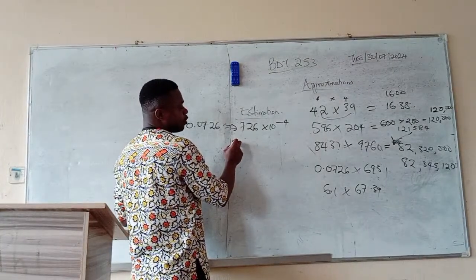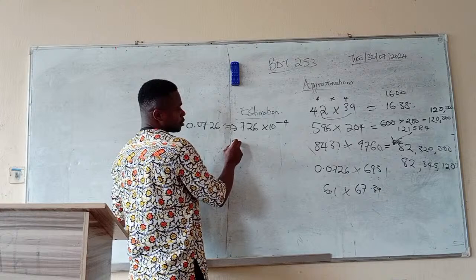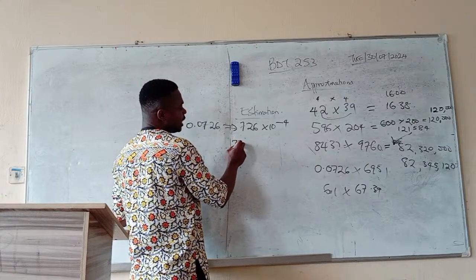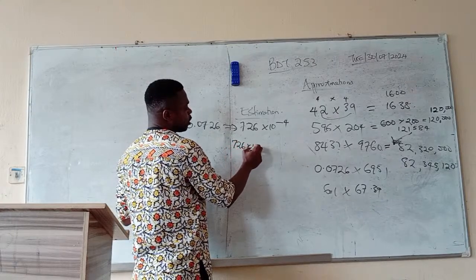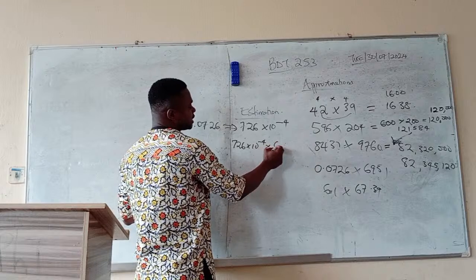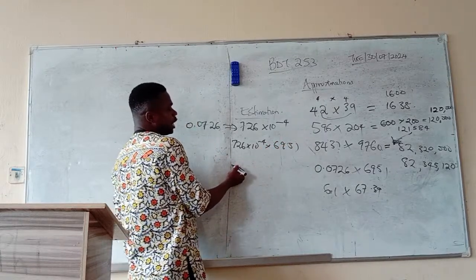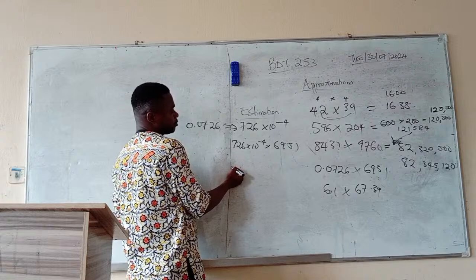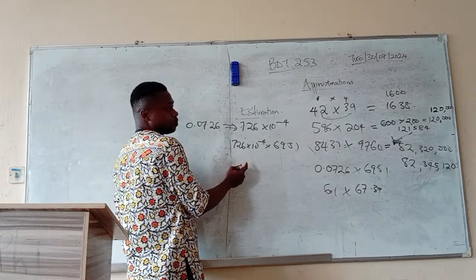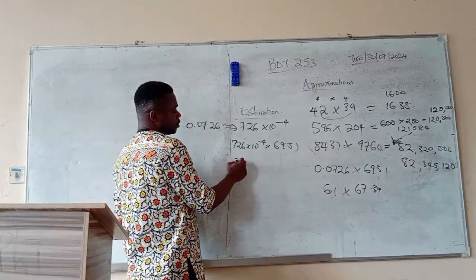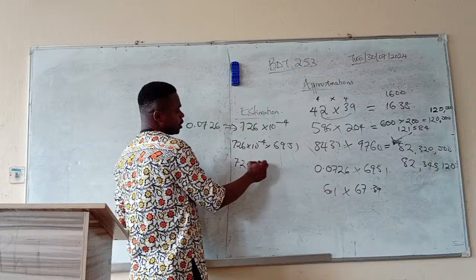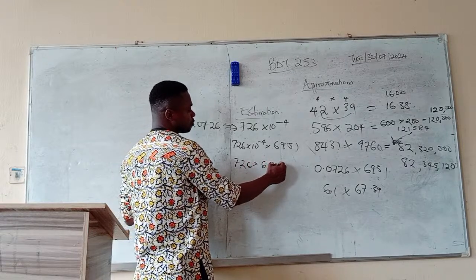So you did 70 what? So basically you did 726 times 8 power what? Times 695, right? And so what are you supposed to do now? Align them well.